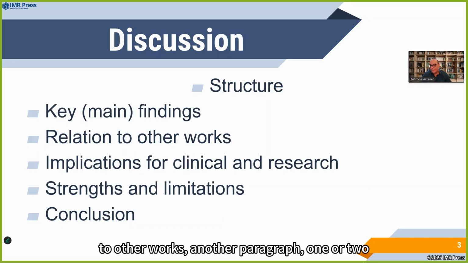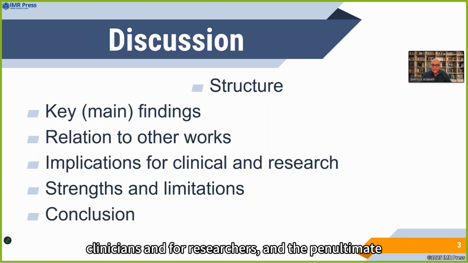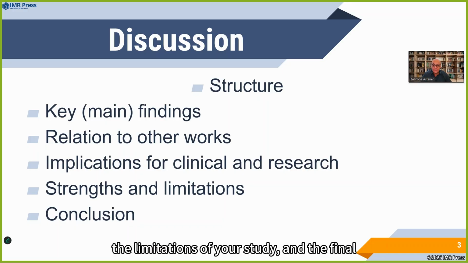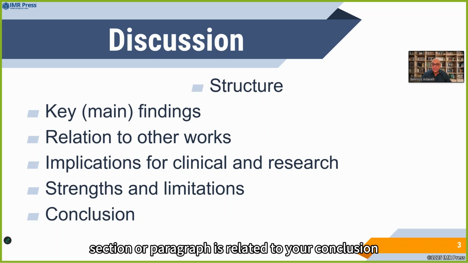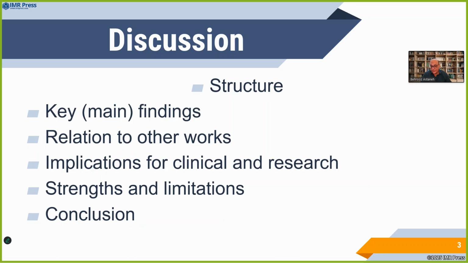Another one or two paragraphs are about the implications of your findings for clinicians and for researchers. The penultimate paragraph of your discussion is about the strengths and the limitations of your study. And the final section or paragraph is related to your conclusion and your recommendations for other co-workers or other researchers working in a similar field as you.